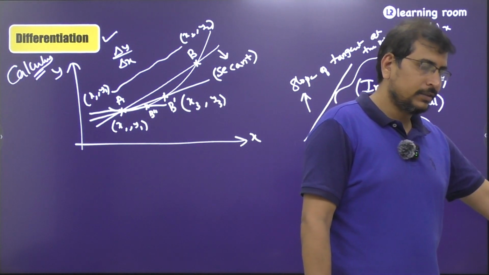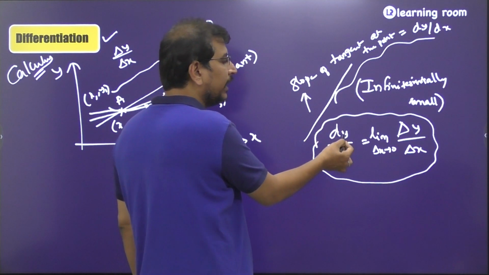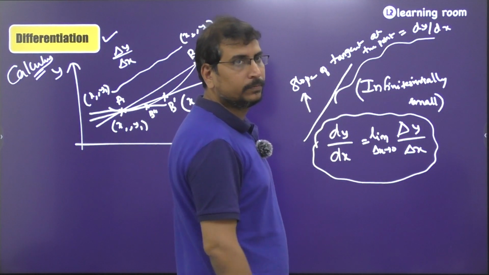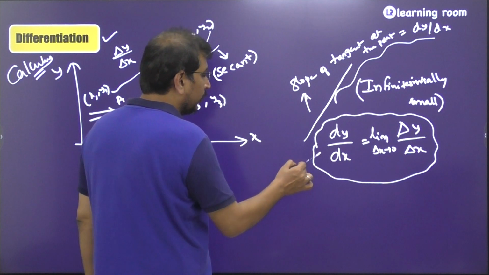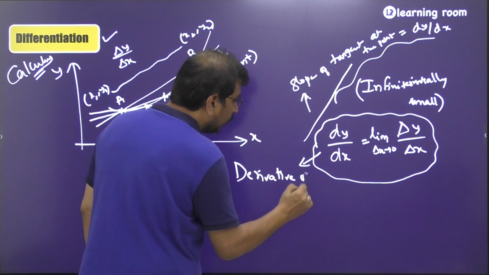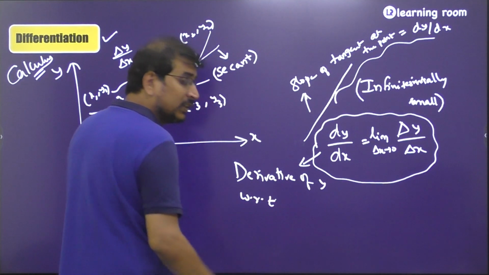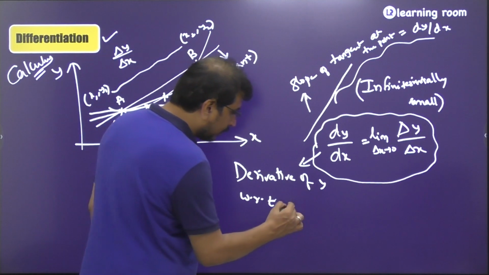d is called derivative. You read it as derivative of y with respect to x, where WRT means with respect to.